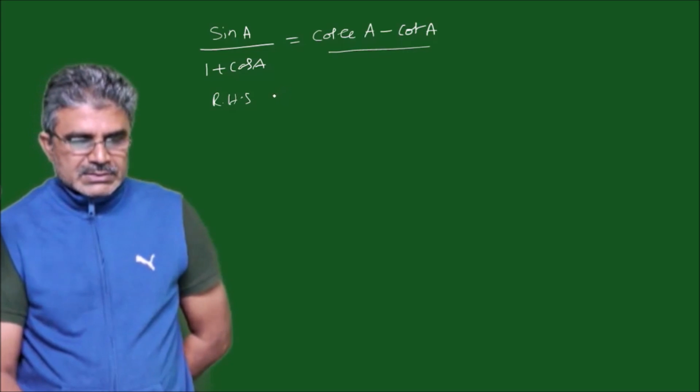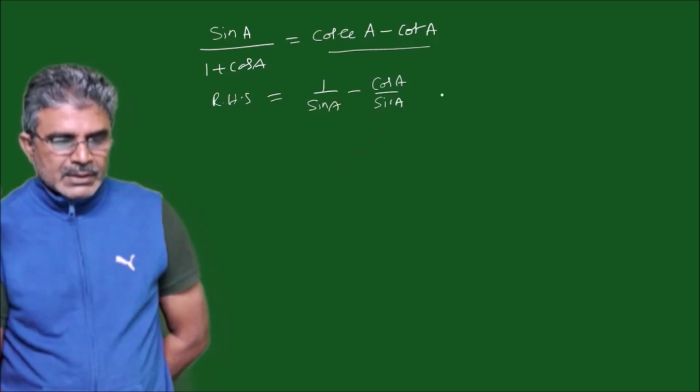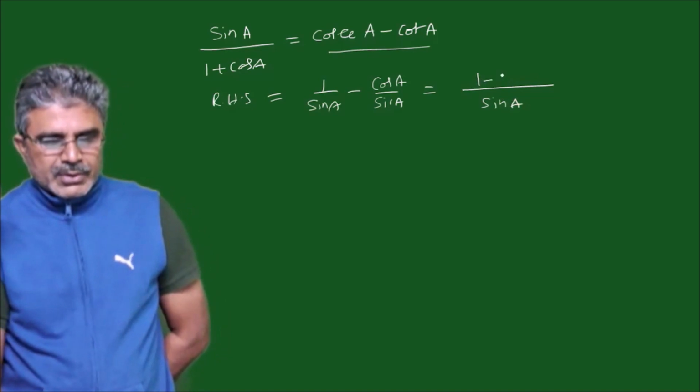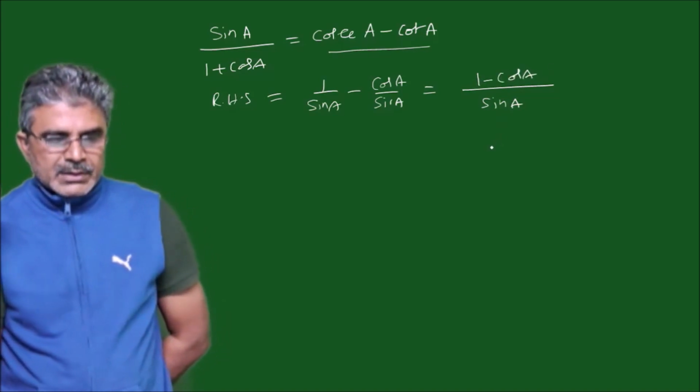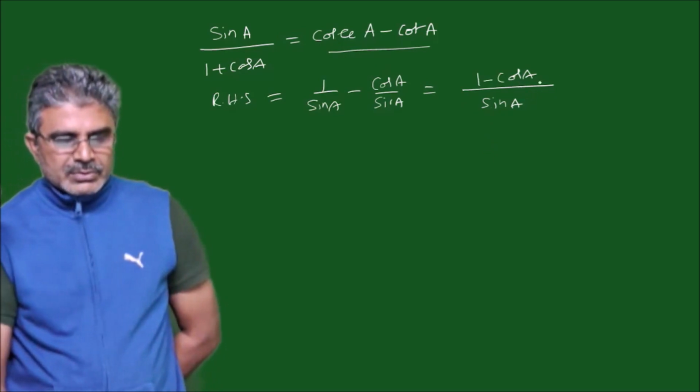So RHS is equal to cosecant, I can write 1 by sin A, cot I can write cos A by sin A, which is equal to, on taking LCM, you will have sin A in the denominator and on top you have 1 minus cos A. So it is quite the reverse of the goal that you have to reach.